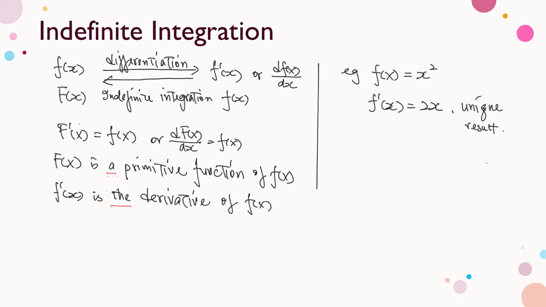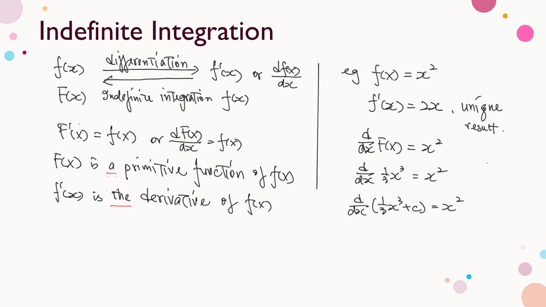To find big F(x) such that big F prime x equals x squared, according to our experience of differentiation, we note this, and so as, where c is any constant, that is, 1/3 x cubed plus c with any constant c can be an answer for big F(x). Usually, we take the one without constant for big F(x). Thus, this is a primitive function.